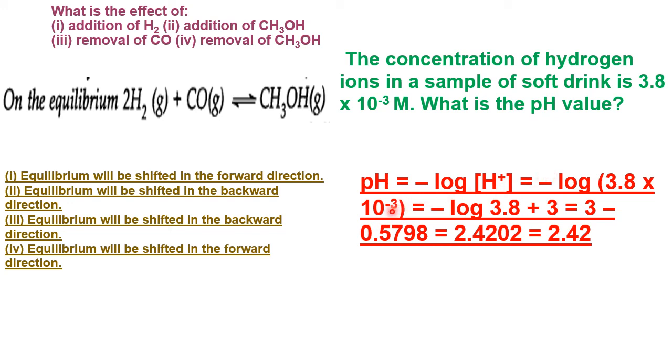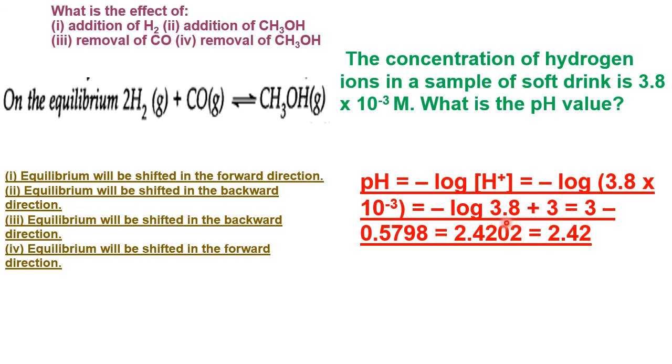Minus log 10 to the power of minus 3 equal to minus 3 log 10. That minus 3, this minus becomes a plus. So it is 3 log 10. Log 10 equal to 1. So 3 log 10 means 3 into 1, that is 3 only. Only thing is you have to see the log of 3.8. So therefore, what I wrote here: pH equal to 3 minus log 3.8, that is 3 into 1, that is 3.